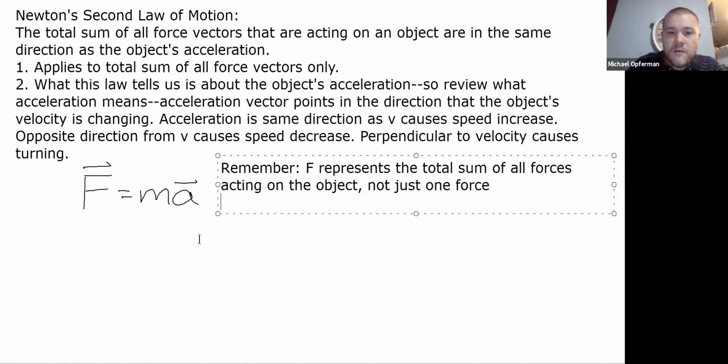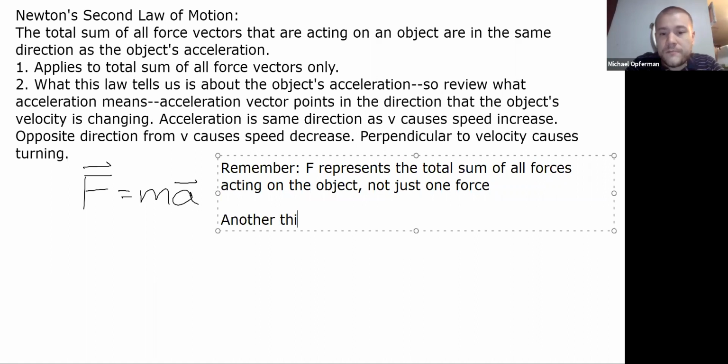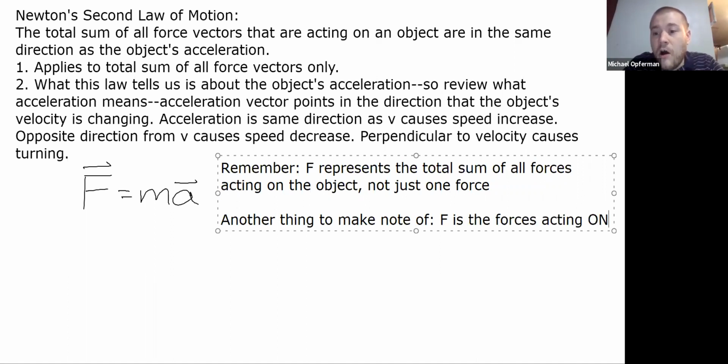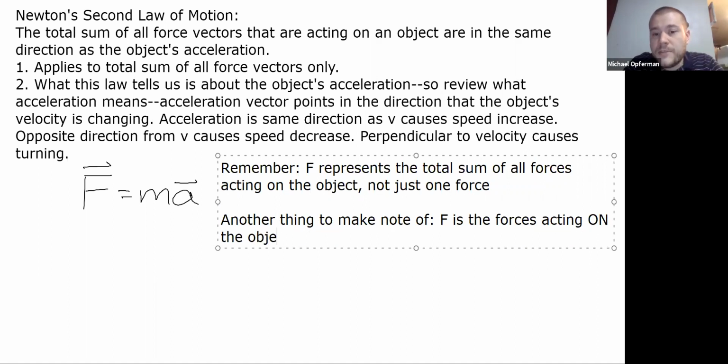Another thing to make note of here, F is the forces that are acting on the object, not the forces that that object is exerting on other objects. It's the forces acting on the object. And A is that same object's acceleration.